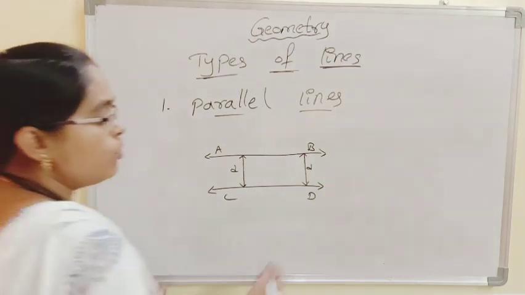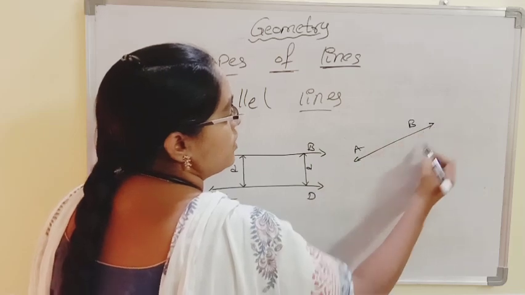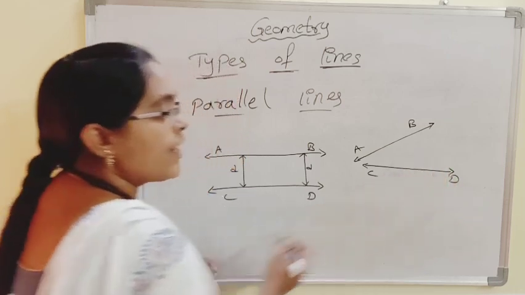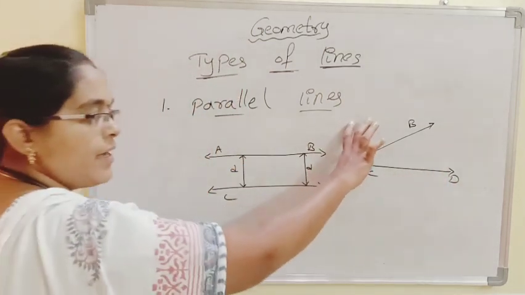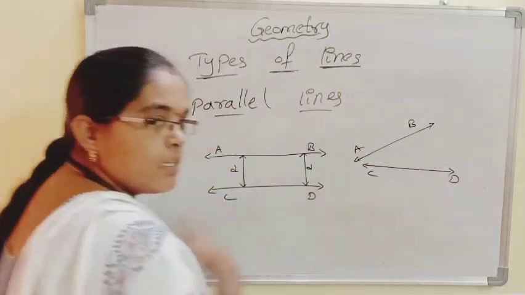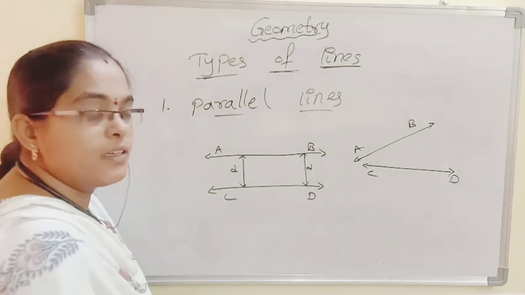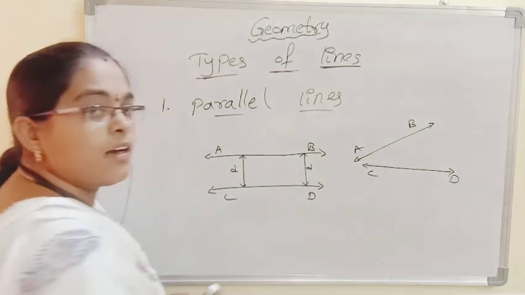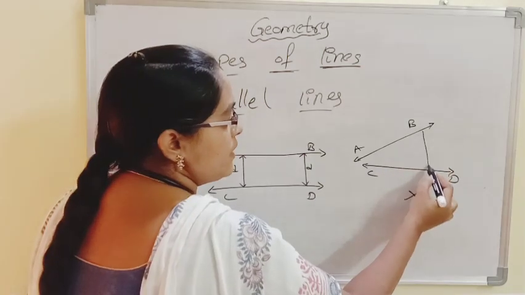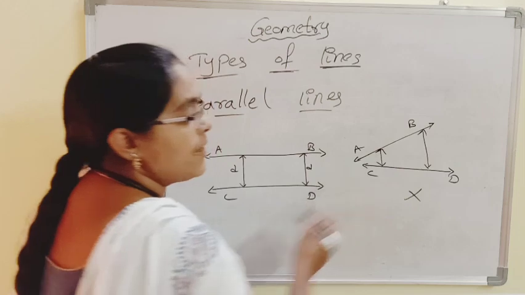Now consider one more example. I have line AB here and I have line CD. These two lines are also in the same plane, and they are not intersecting in this plane. Shall we call these two parallel lines? No, because the distance between these two lines in the plane is not the same.